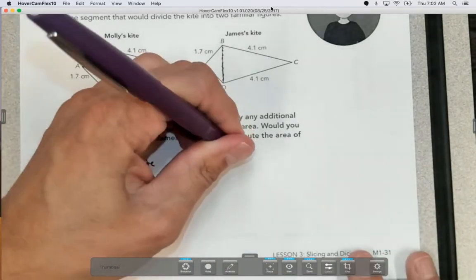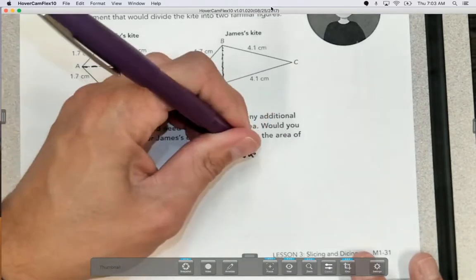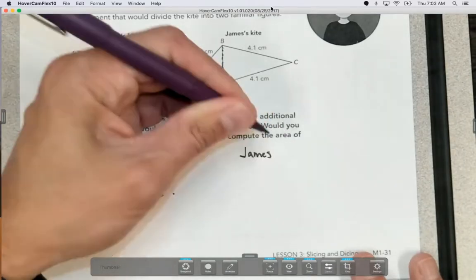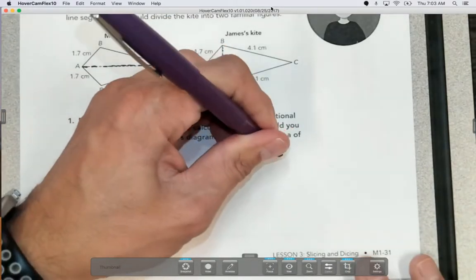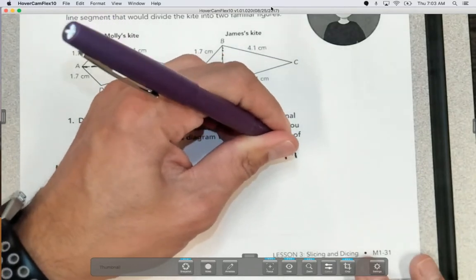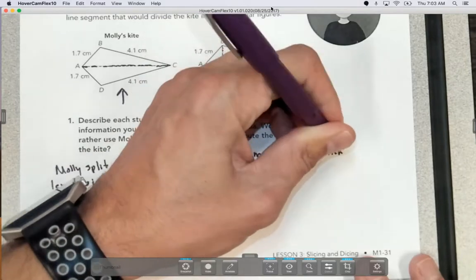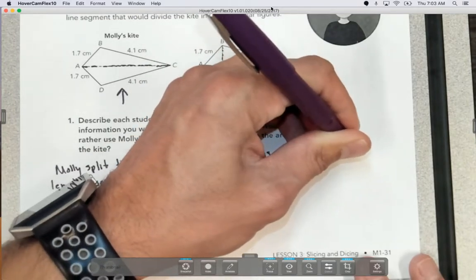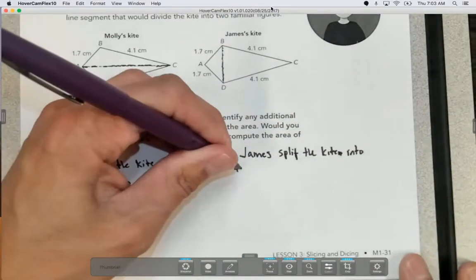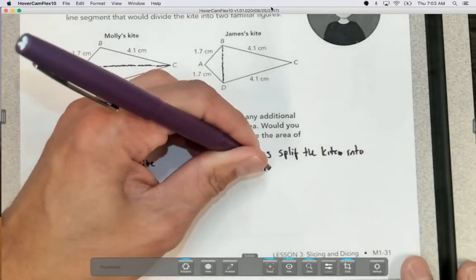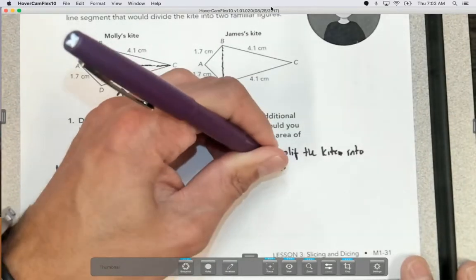James split the kite into two triangles vertically.